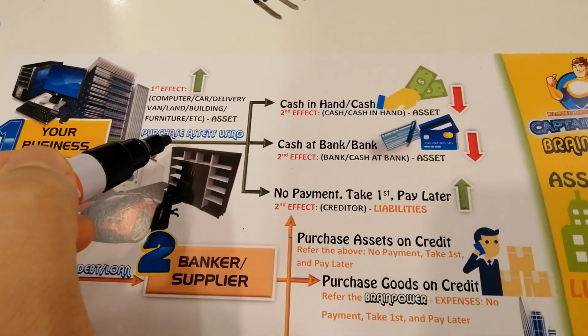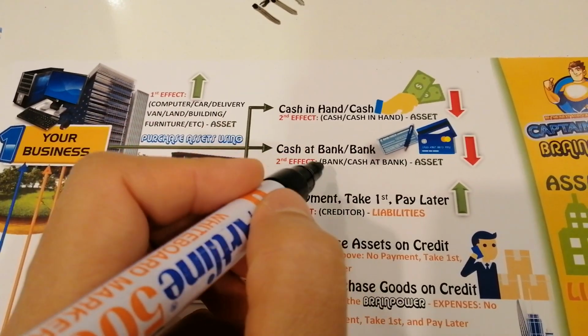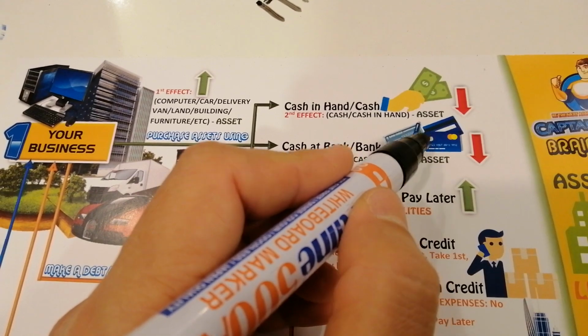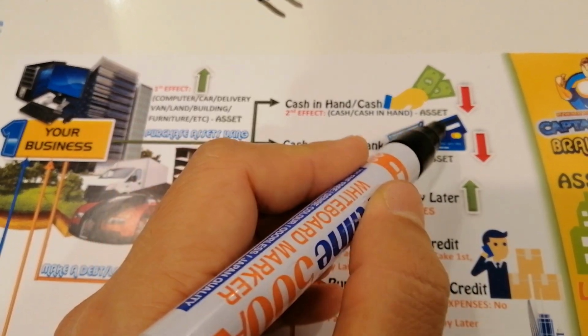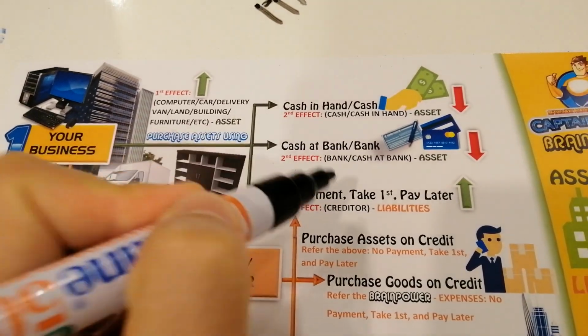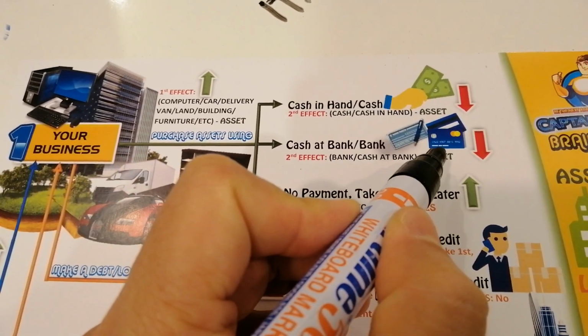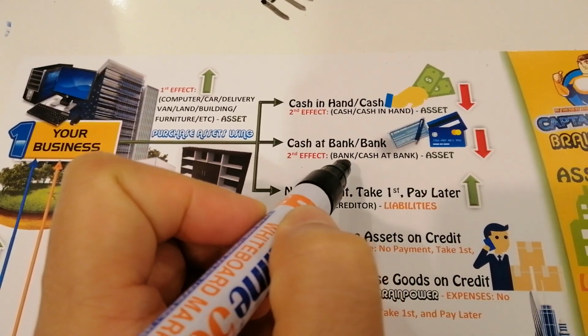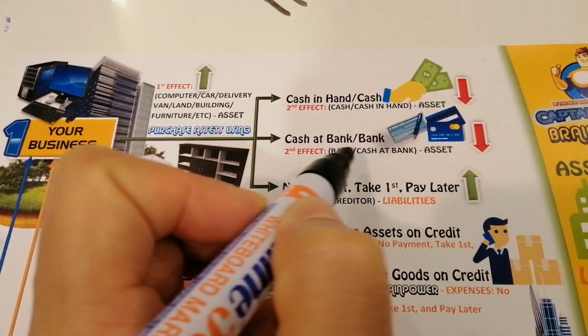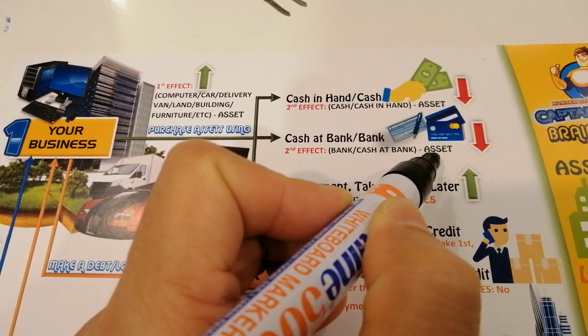Business also can purchase asset using cash at bank or bank. Maybe the business pay using debit card or maybe the business pay using check. Okay? So in accounting, we never call it debit card or check. The term is bank or cash at bank and it must be consistent. And bank or cash at bank also under asset.